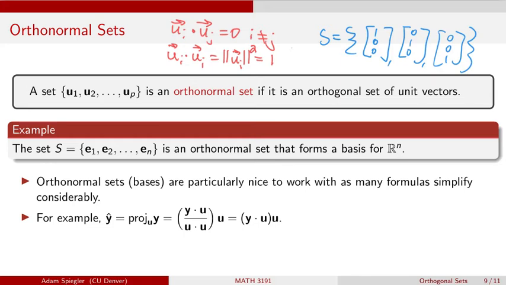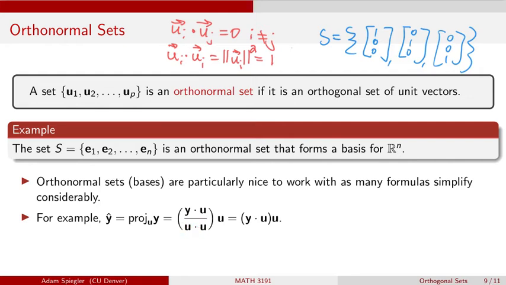For example, we just found a formula for how we can find the orthogonal projection of y onto u, which was given by y inner product u divided by u inner product u. And if we assume now that u is a unit vector, that u has magnitude equal to 1, this denominator just simplifies to 1.